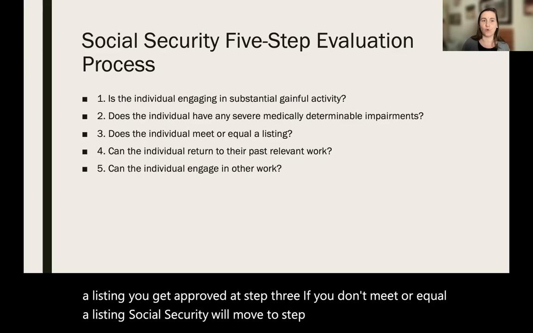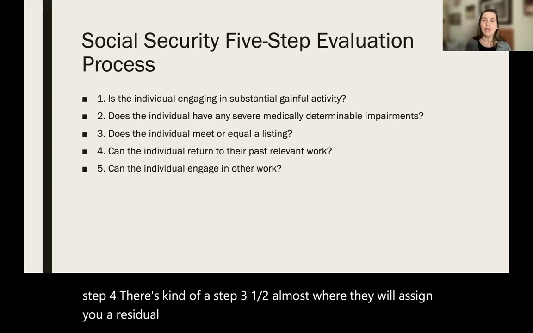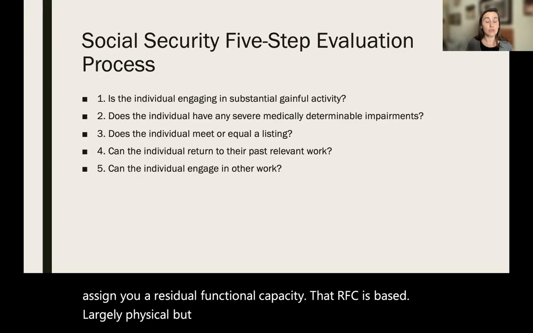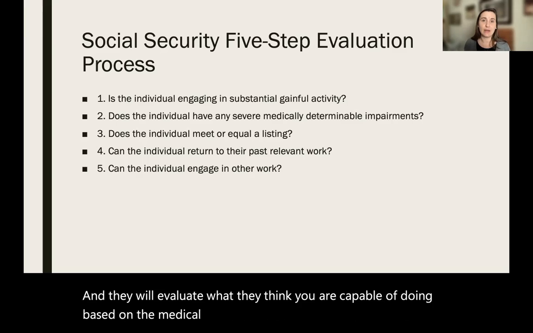Before they move to step 4, there's kind of a step 3.5 almost, where they will assign you a residual functional capacity. That RFC is based largely on physical, but it does also include mental impairments. And they will evaluate what they think you are capable of doing based on the medical records. Can you lift up to 20 pounds occasionally and 10 pounds frequently?